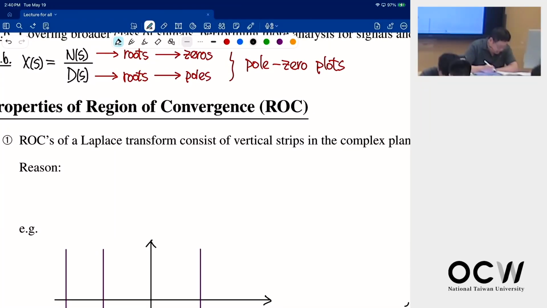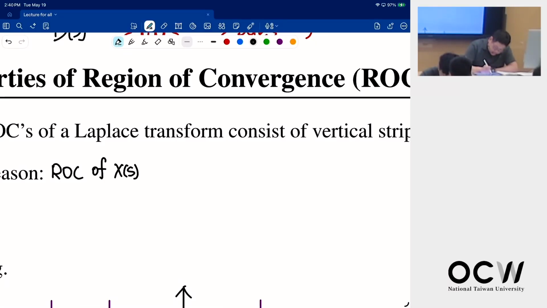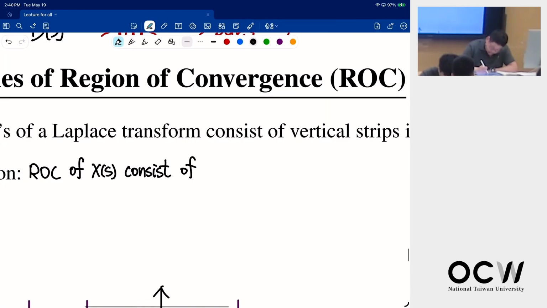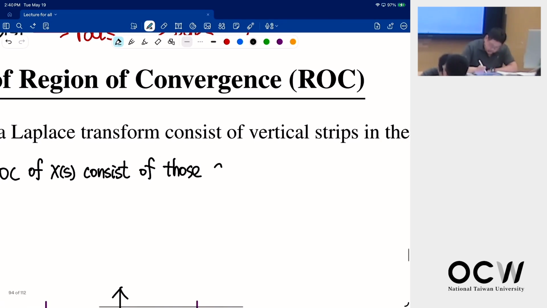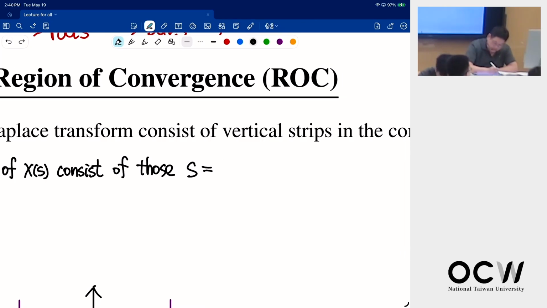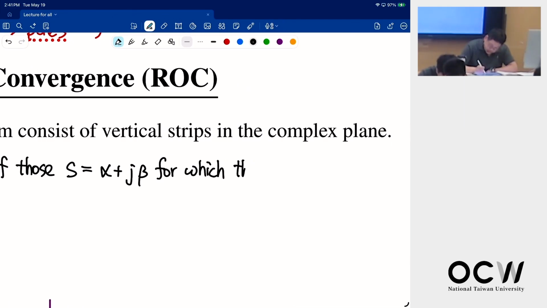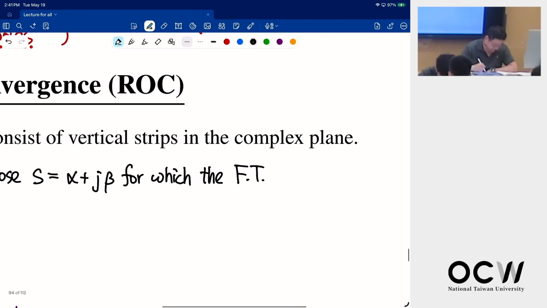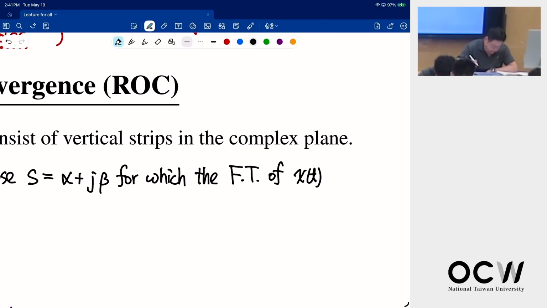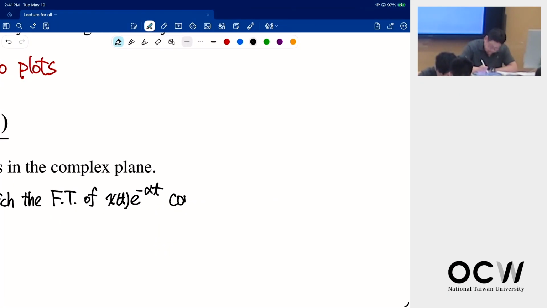So here, the region of convergence of X consists of those s equals alpha plus j beta for which the Fourier transform of x times e to the minus alpha t still converges.